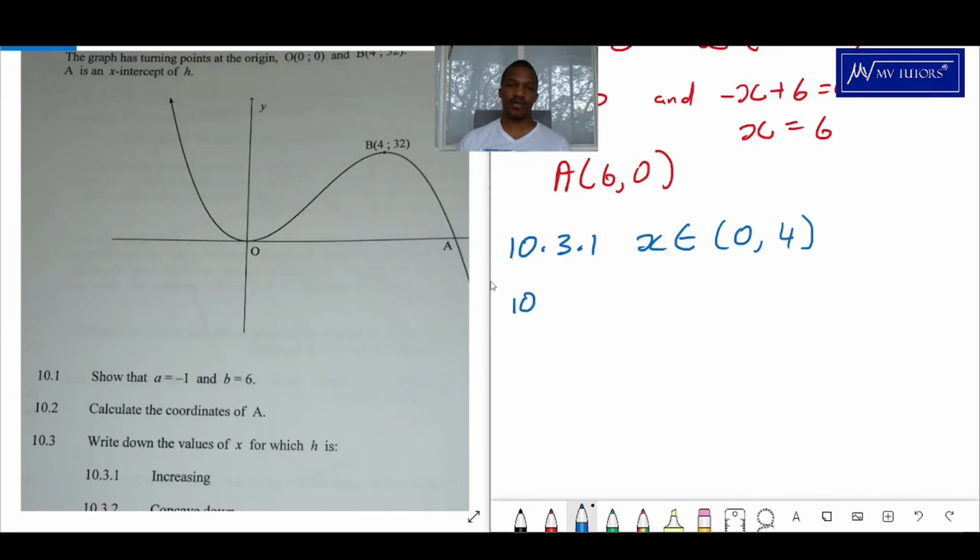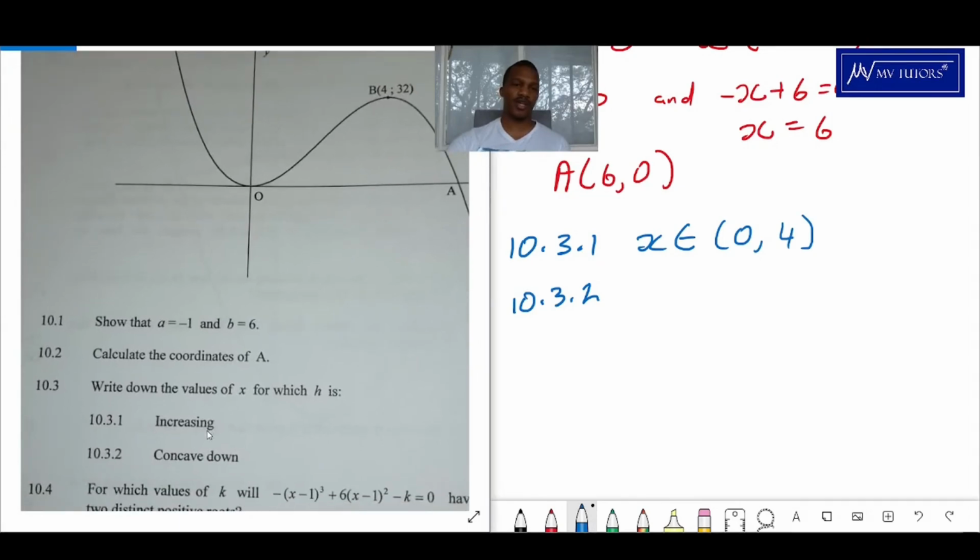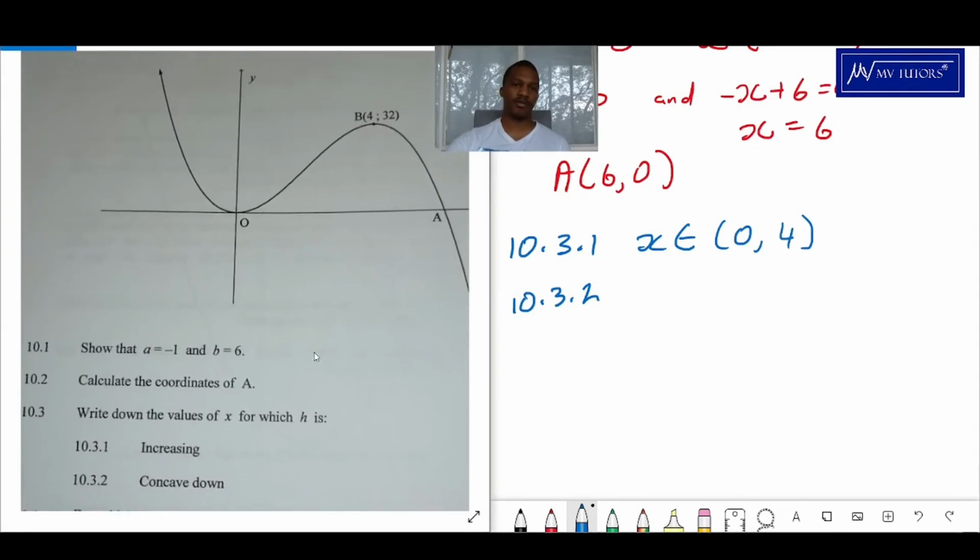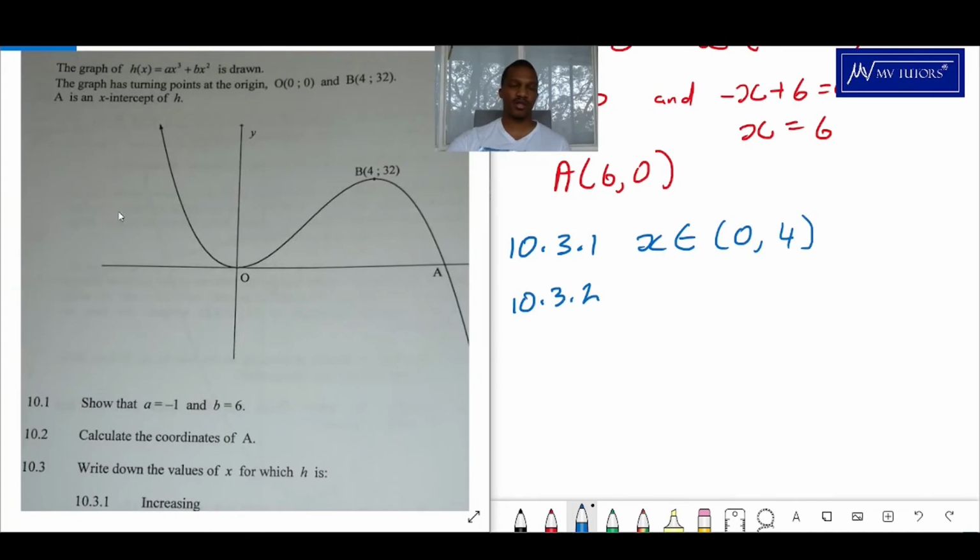Okay, and then the next one is 10.3.2, where it is concave down. Concave up is a smiley face, concave down is a sad face. But where does it start to be concave down?